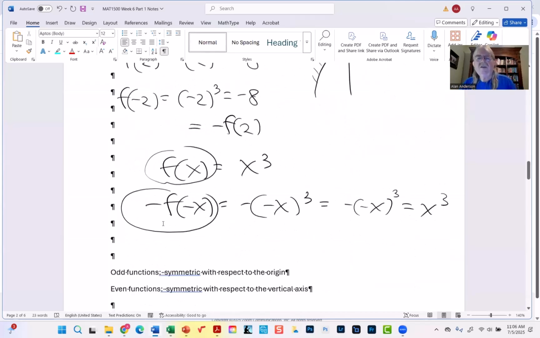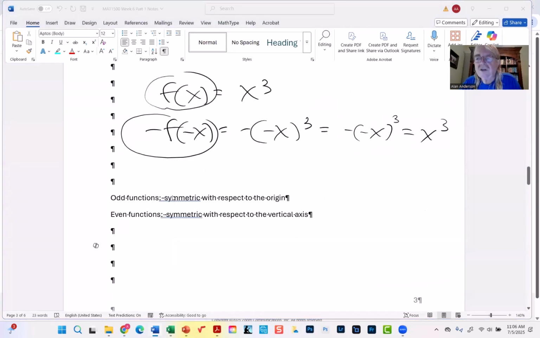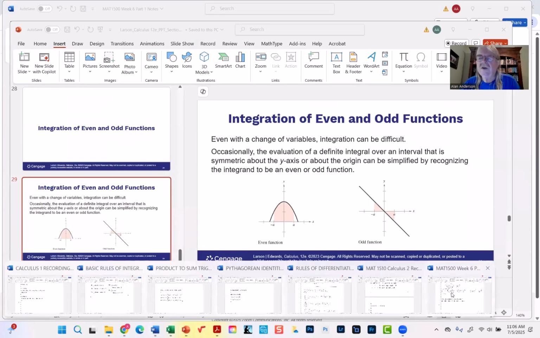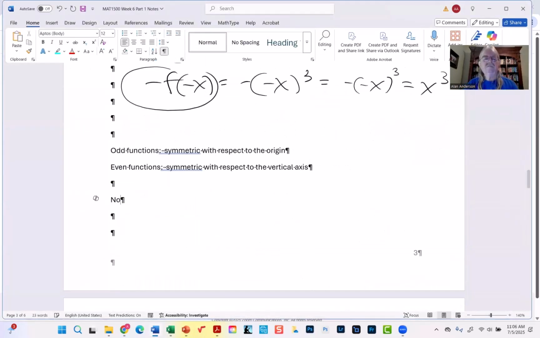Oh, and by the way, I just want to mention too that not all functions are either even or odd. Many functions are neither. In fact, I would say the majority of them do not belong into either category. So there's no guarantee that any given function is either even or odd.